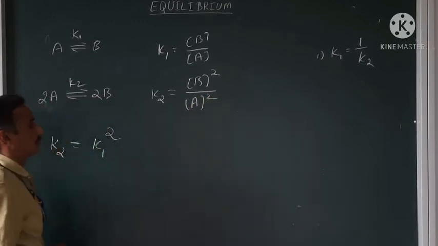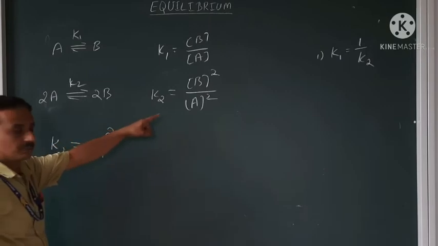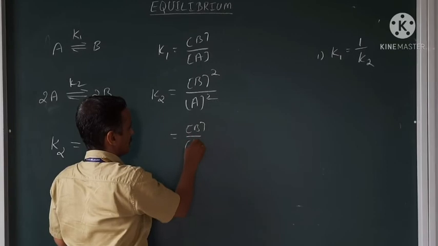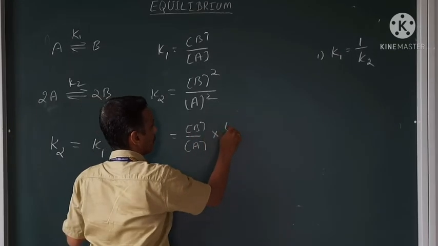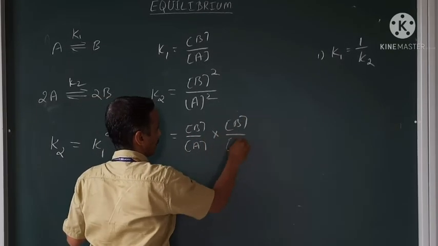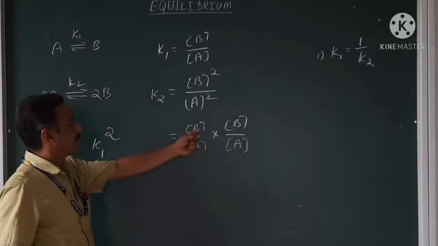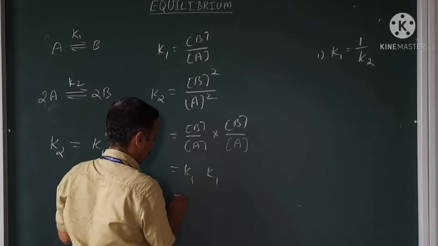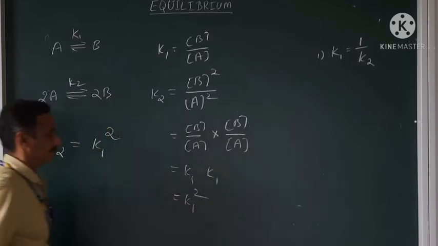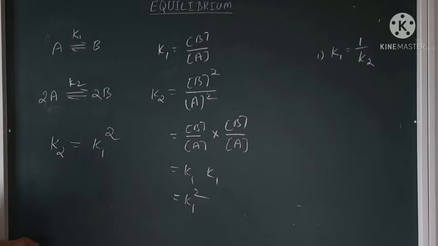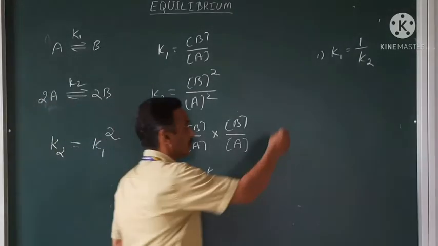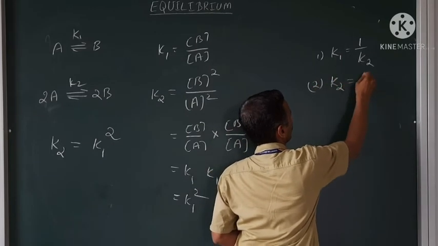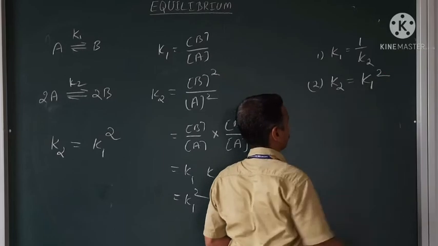I remember here this which I can write as B by A into B by A, and B by A is K1 only. So K1 into K1, which is K1 square. So I have the second equation there, K2 is equal to K1 square.